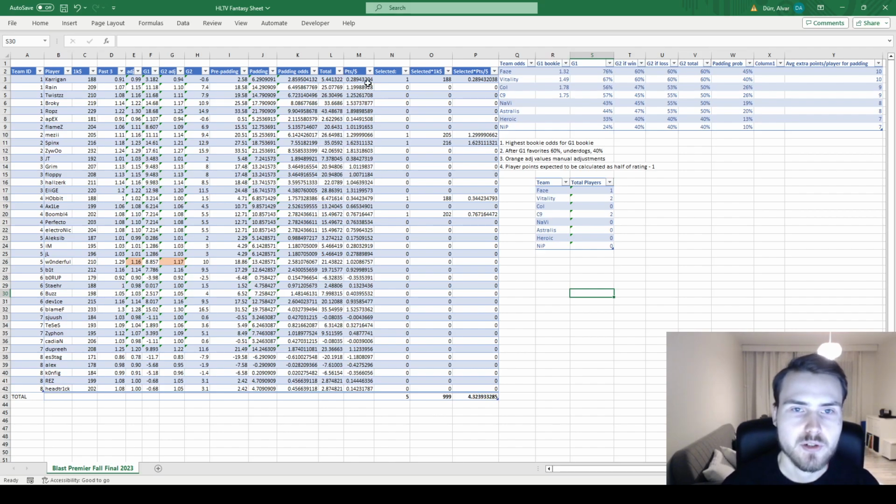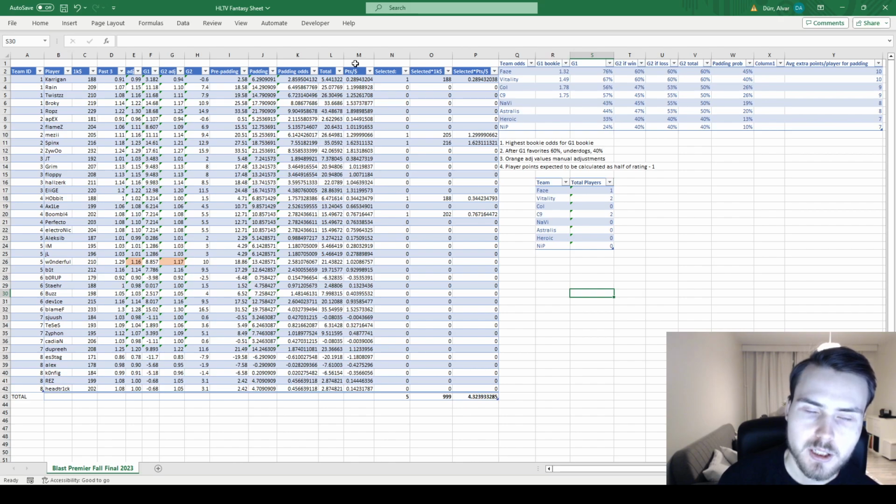Well, I'm not sure if it's hundreds or thousands or millions. Doesn't really matter. What matters is that the order is correct and that the ratio of expected points per money is correct.